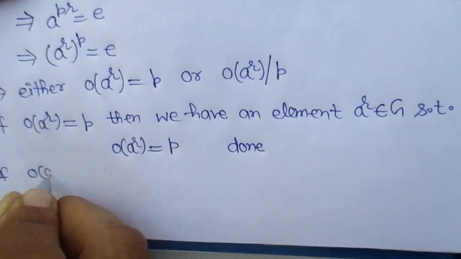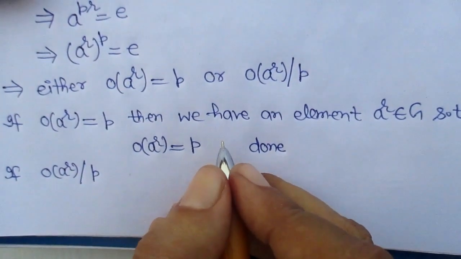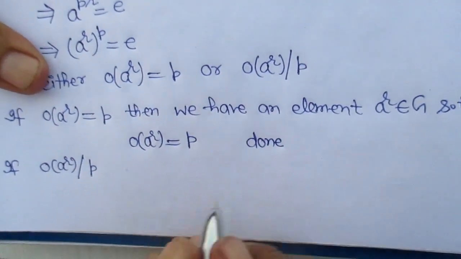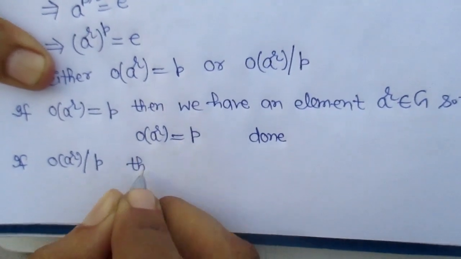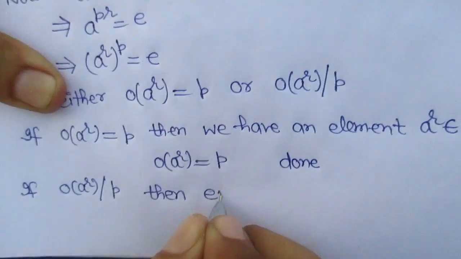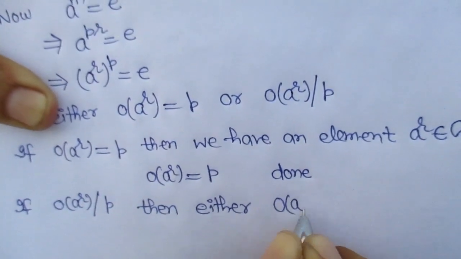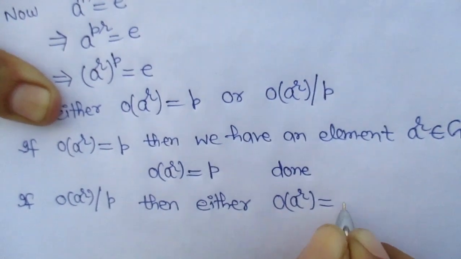If order of a raised to power r divides P, P is a prime number, तो इसका मतलब क्या हुआ, ऑर्डर ऑफ a raised to power r या तो 1 होगा या फिर P होगा.